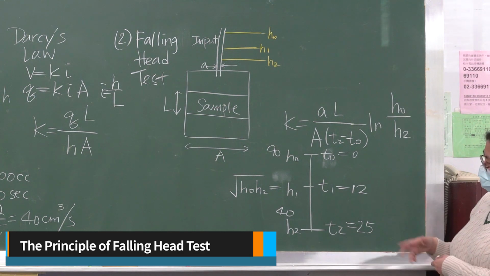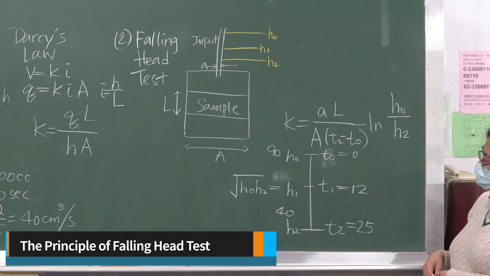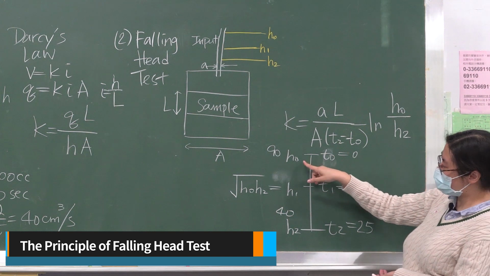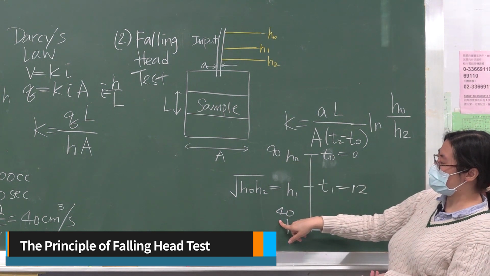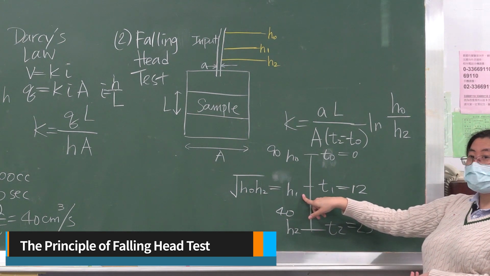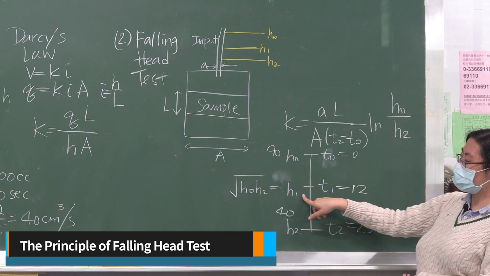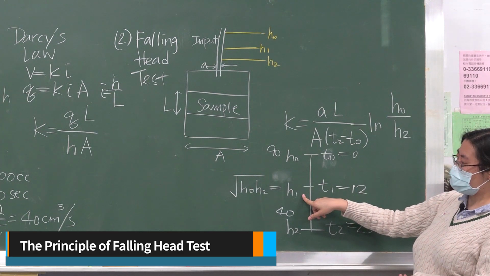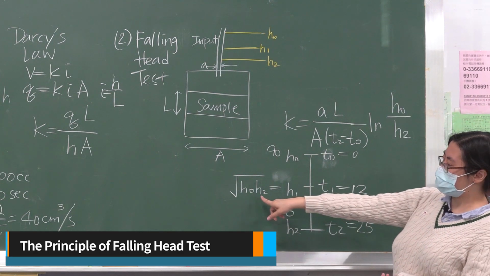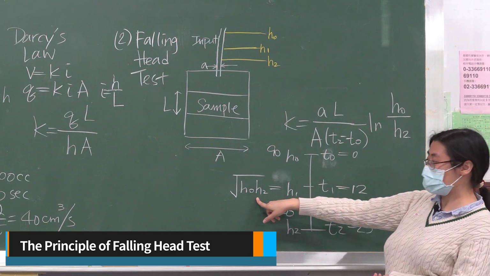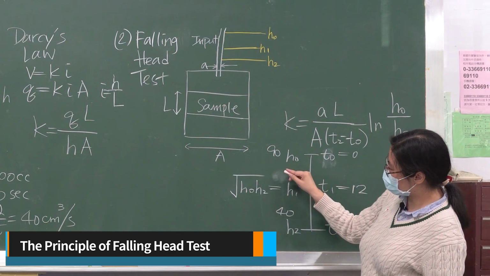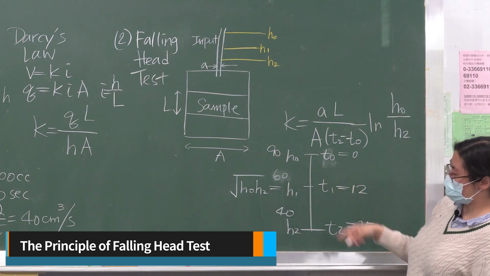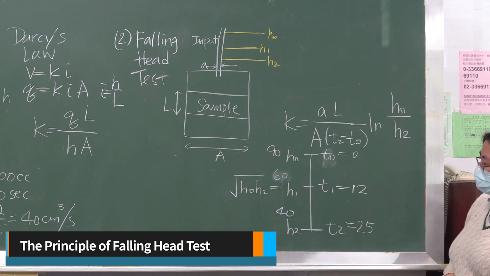As an example, suppose that you have preselected the values of H0 and H2 as 90 and 40 respectively. Then you will need to calculate the value of H1 using the concept of geometric mean, which is the square root of H0 times H2. If you do the quick calculation, the geometric mean is equal to 60, because H0 and H2 are 90 and 40 respectively.